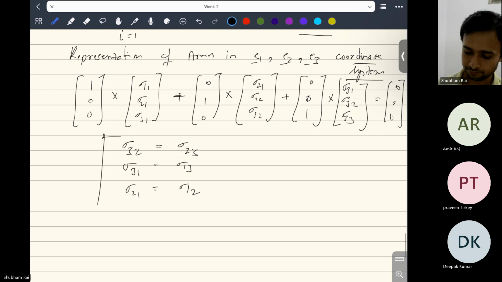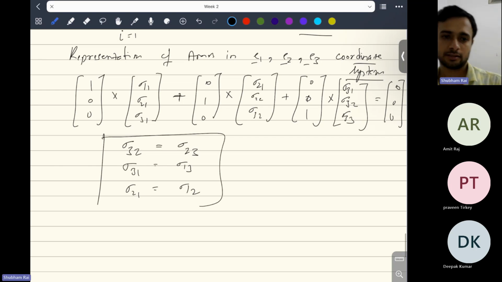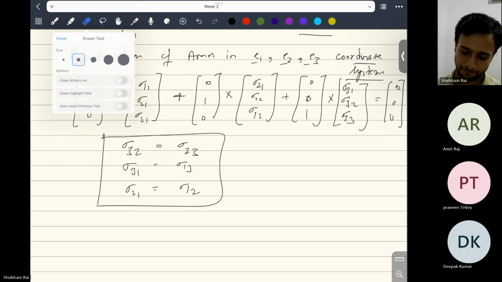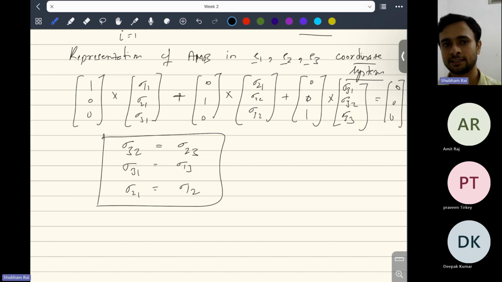So the stress symmetry is obtained after applying angular momentum balance. Okay. So stress is not itself symmetric, it is symmetric because of balance of angular momentum.